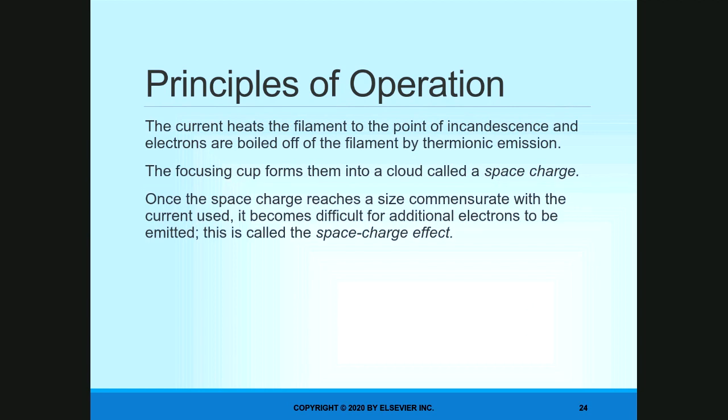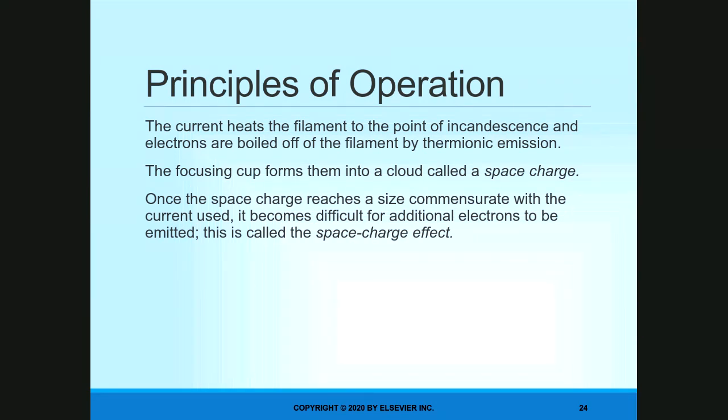Now, I already had said this, but going back to reiterate, the current on the cathode side heats the filament to a point of incandescence. Incandescent is white hot, so really, really hot.